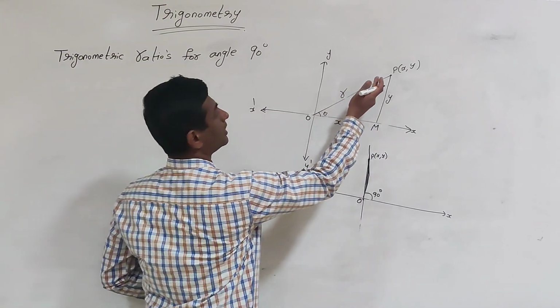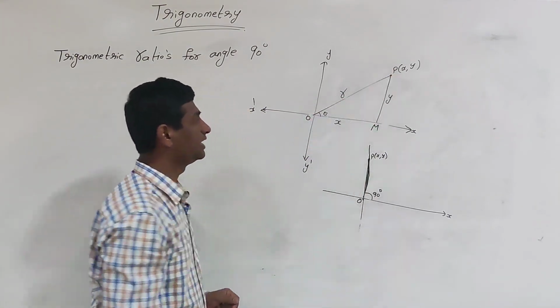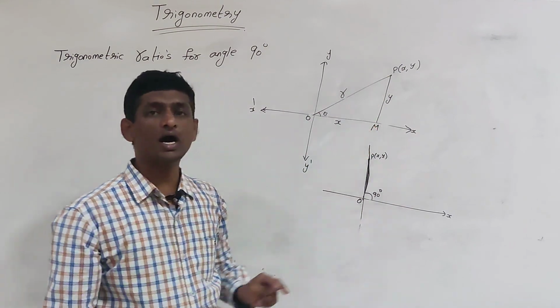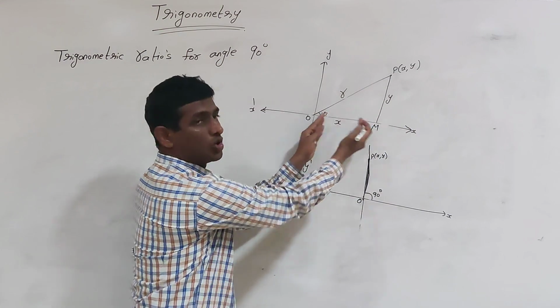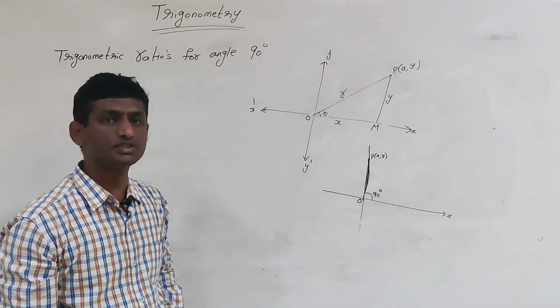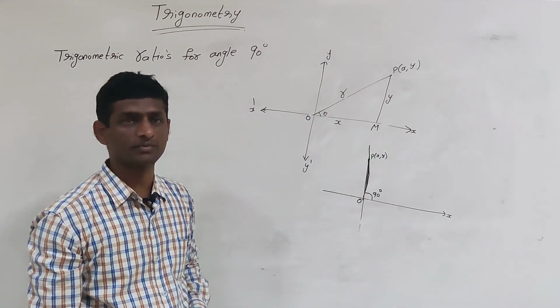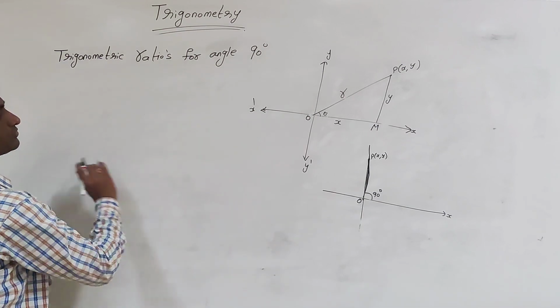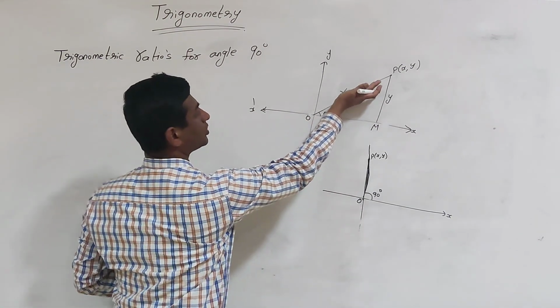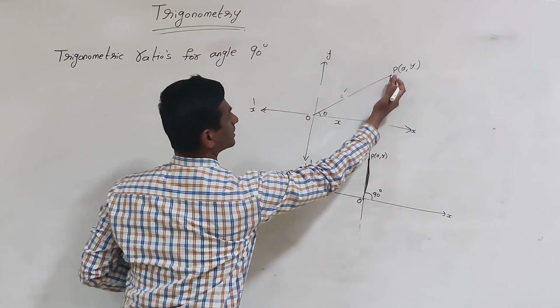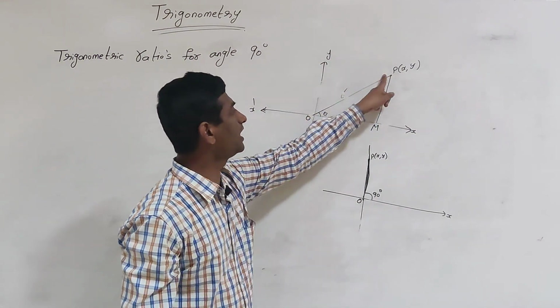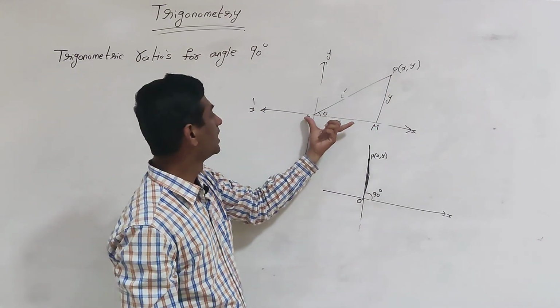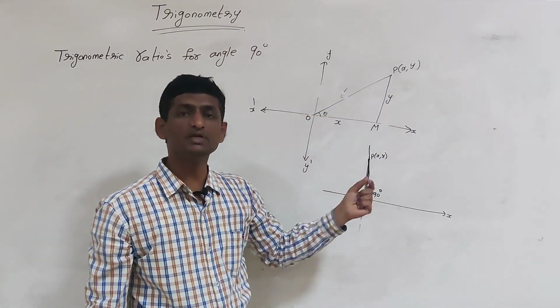Means the distance of OP and PM are same. If they are same, then there will be no distance on the x-axis. If we rotate onto the y-axis, then the perpendicular distance will be on the y-axis itself. The terminal ray and perpendicular distance will be same, and the distance of OM will be 0.